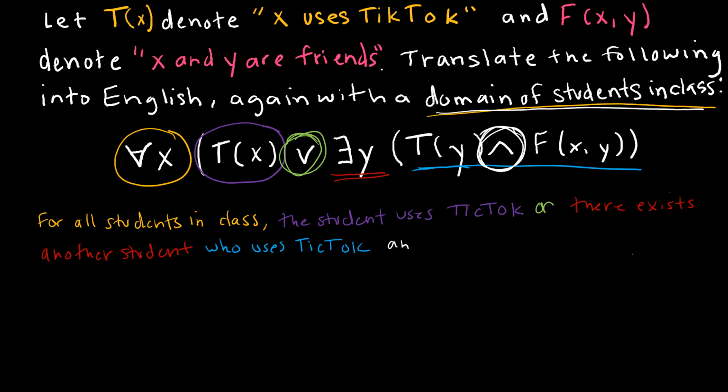and what else? F(x,y). F(x,y) says x and y are friends. So who uses TikTok and is friends with our original student? Now, is there a better way to write it? Now that I have it in English, can I simplify it maybe just a little bit more?